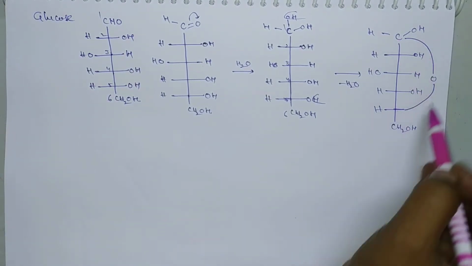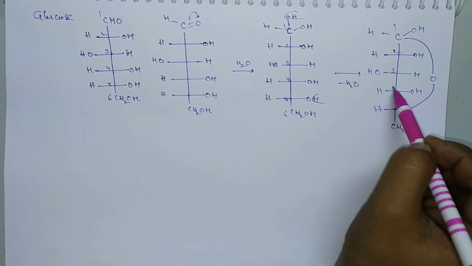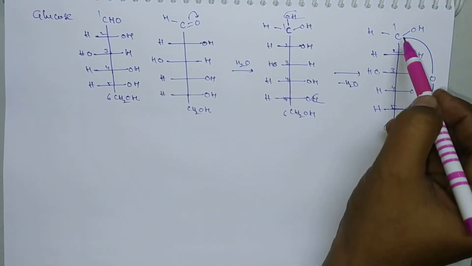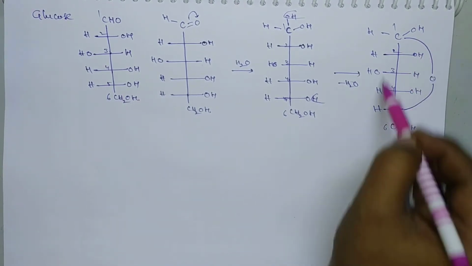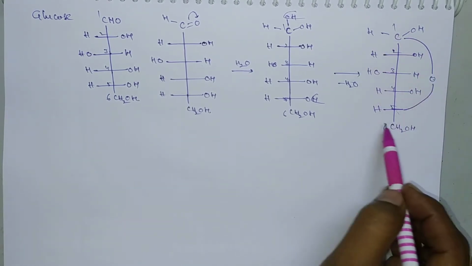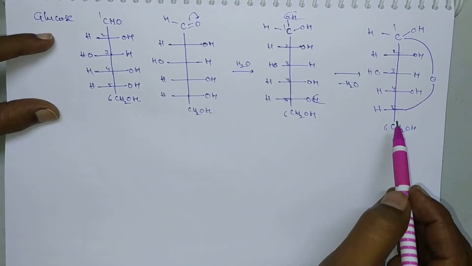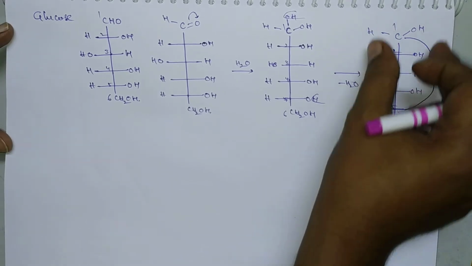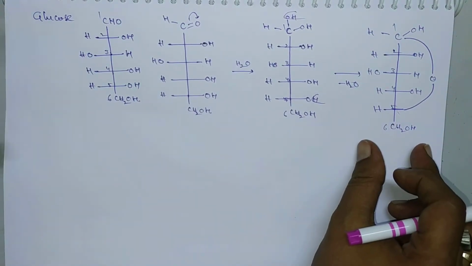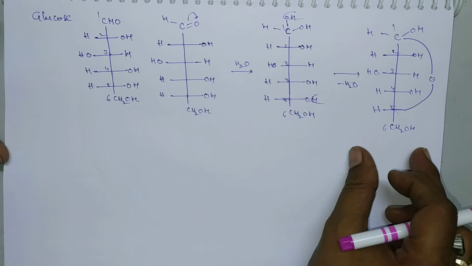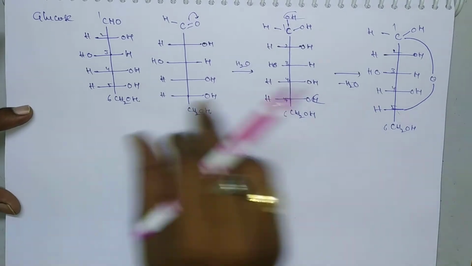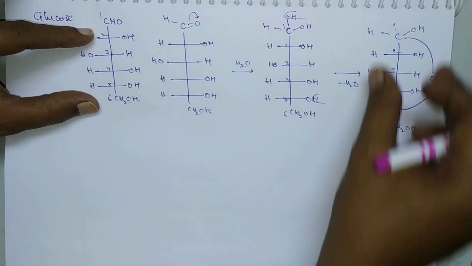So this is 1, 2, 3, 4, 5, 5 carbons and 1 oxygen. This is the 6-membered ring. So the 6-membered ring structure arises for glucose. This 6-membered ring structure is called the Haworth structure, so this can be converted into the Haworth structure. This is the open chain structure, this is the cyclic structure.